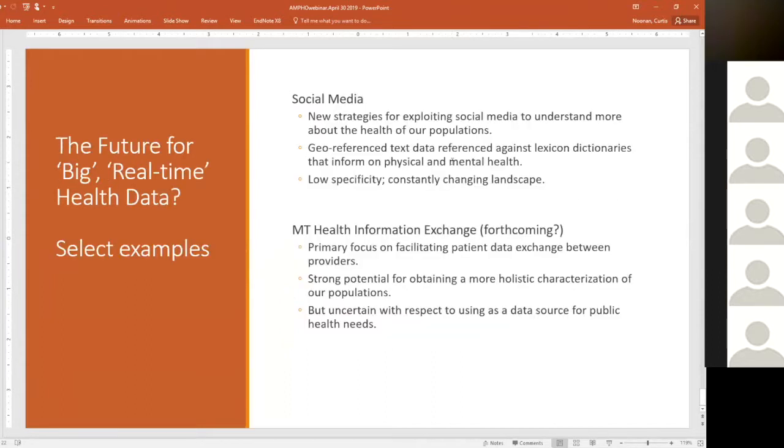And then the last slide, and then I'll cut to questions, is what can we look forward to in terms of big data or real-time data that can be interrogated for a better understanding of health in our communities.